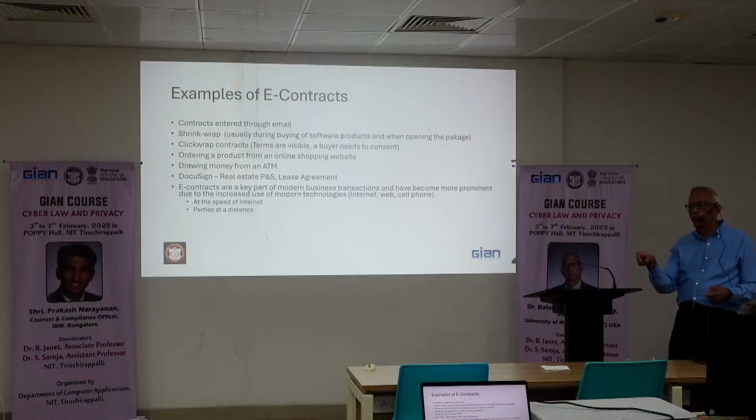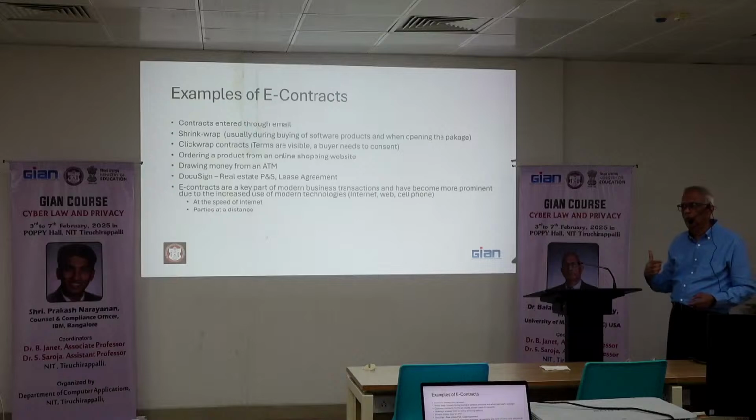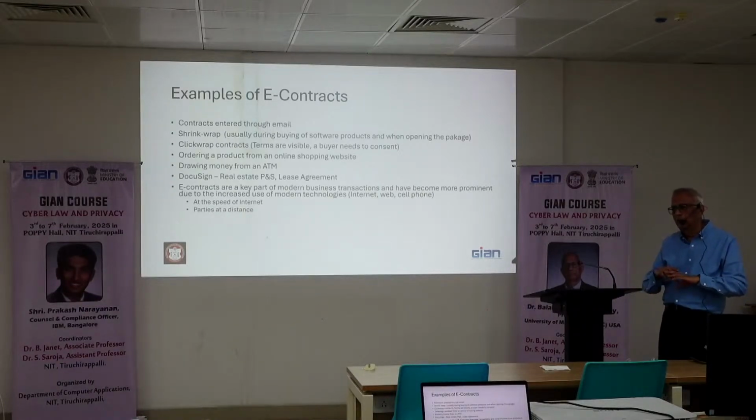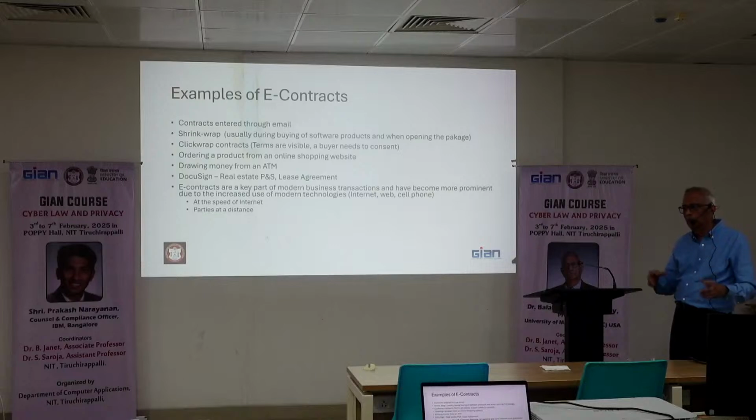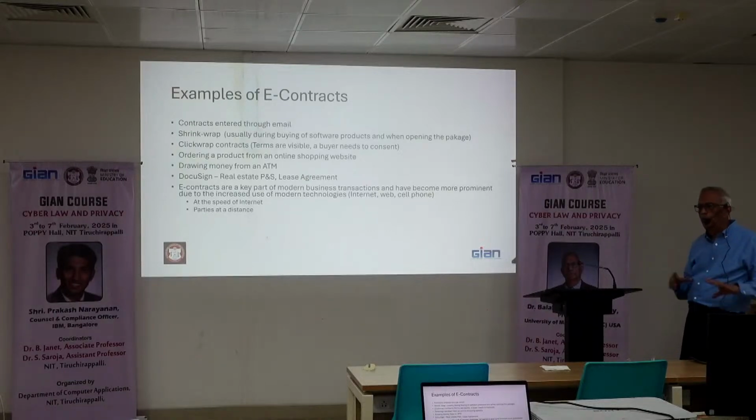Before you install, you have to click and accept everything: how you can use it, how you cannot give it to somebody else, how you will not misuse it. Only then will the software open and you install. That's all click wrap contract.